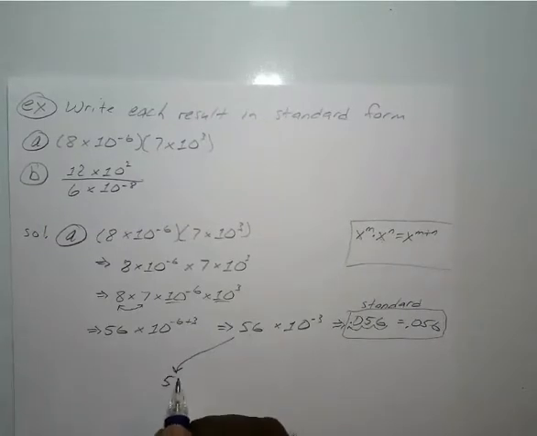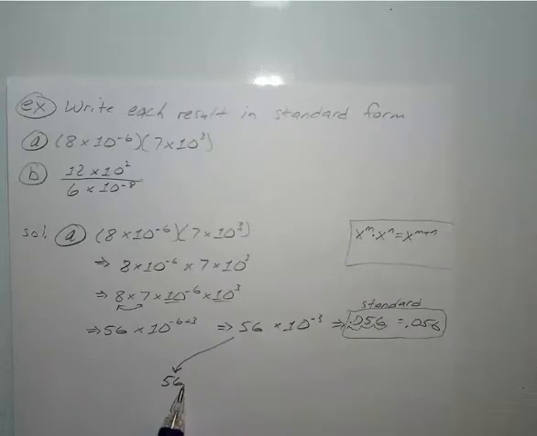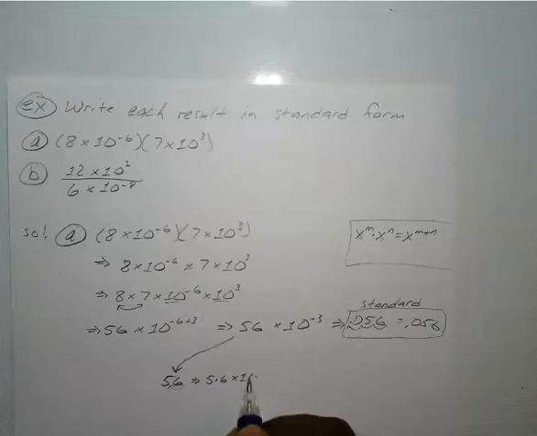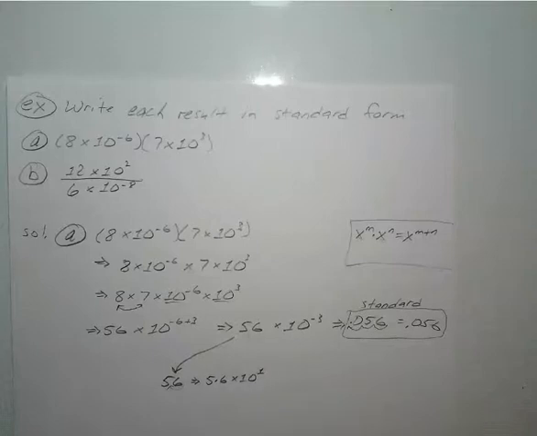We have 56, and we move the decimal to the left once, which gives us 5.6 times 10 to the first power. So 56 is equal to 5.6 times 10 to the first power.